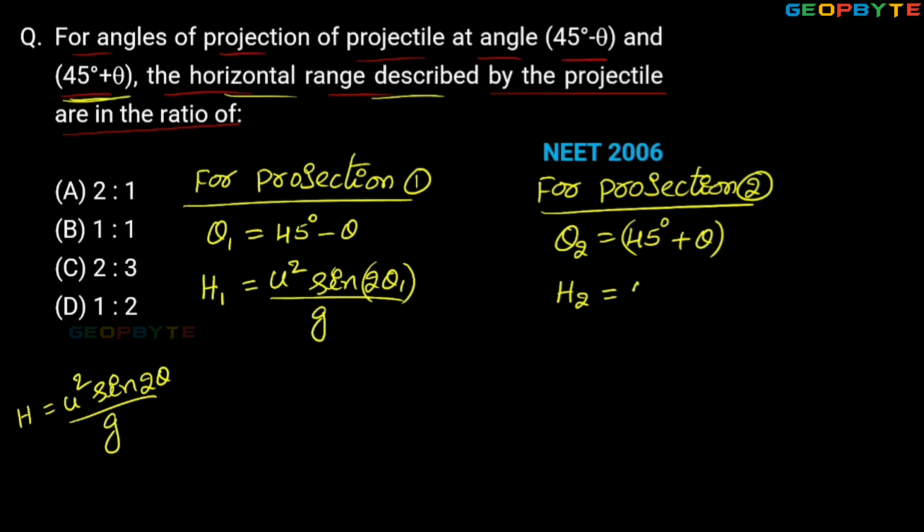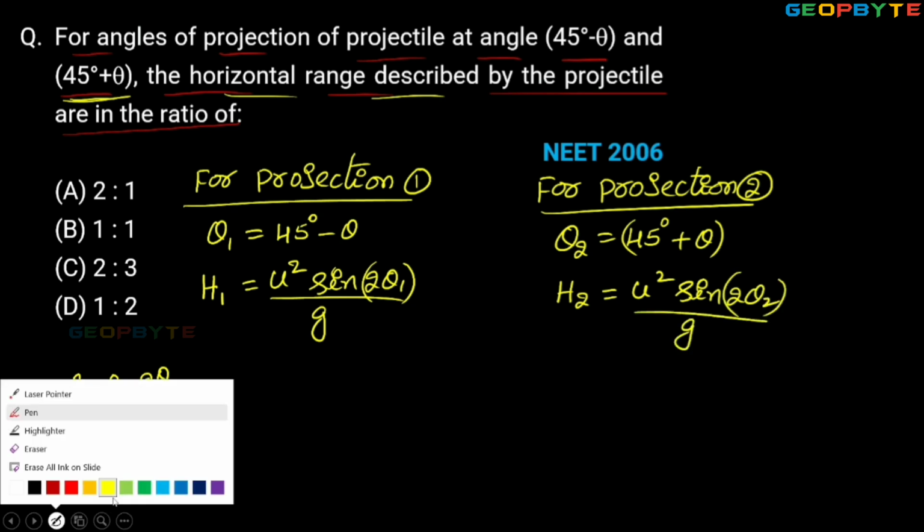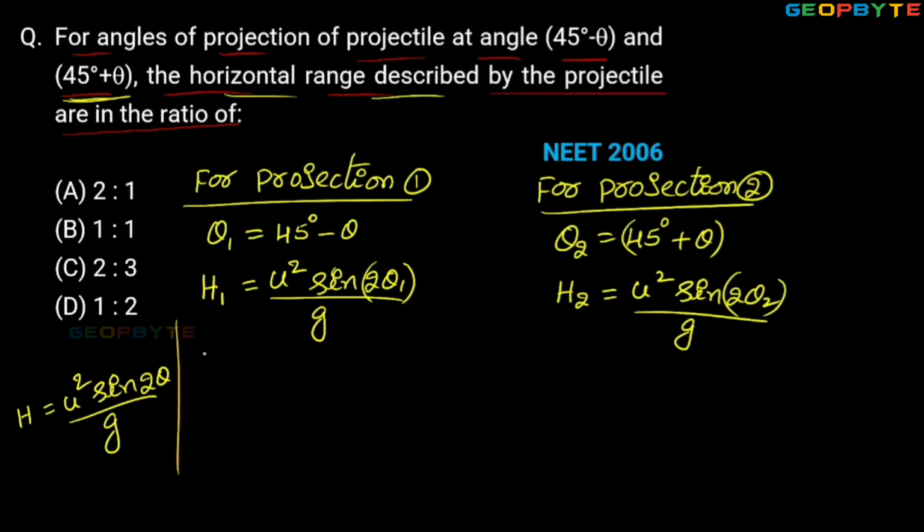Similarly, H2 equal to u square sine 2 theta 2 divided by g. Now let us substitute the values. H1 equal to u square by g into sine 2 into 45 degrees minus theta.